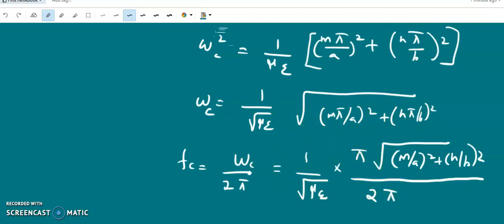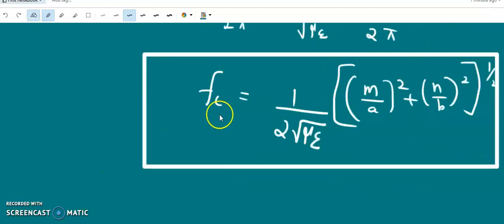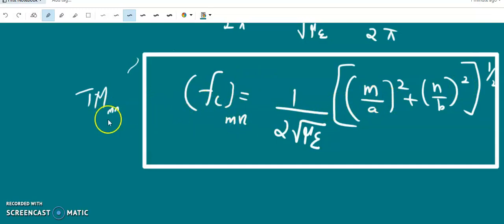We have the cutoff frequency Fc equal to 1 by 2 root mu epsilon into root of (m by a) whole square plus (n by b) whole square. It depends on the indices m and n.